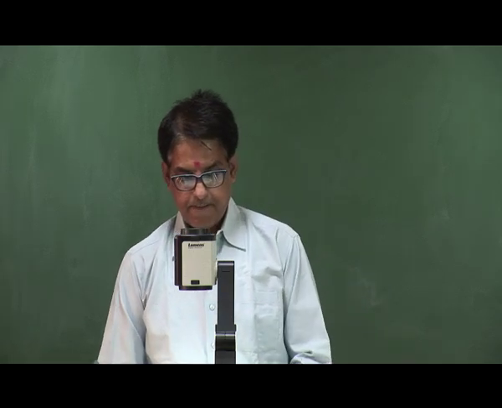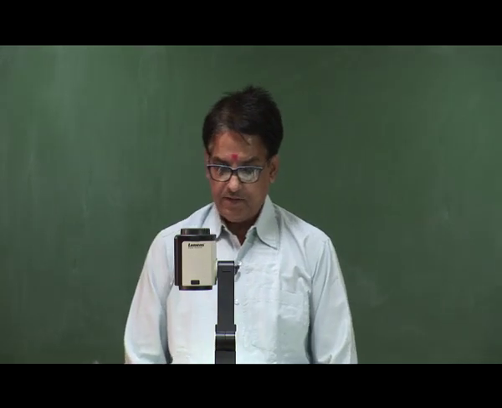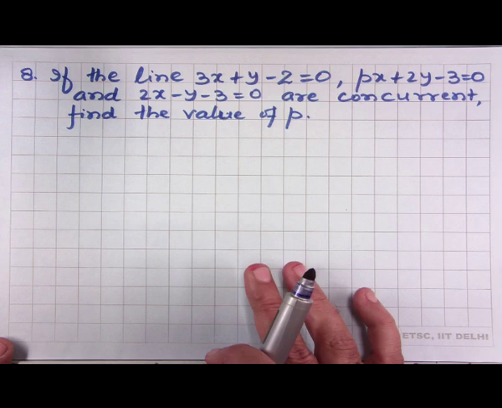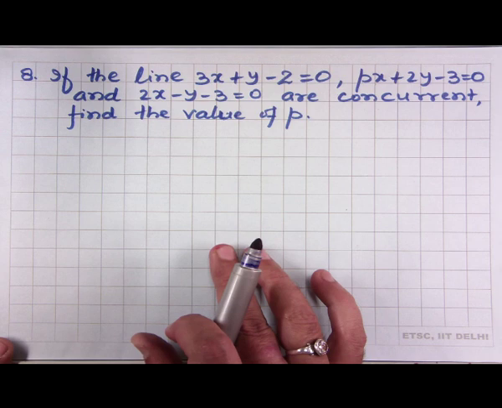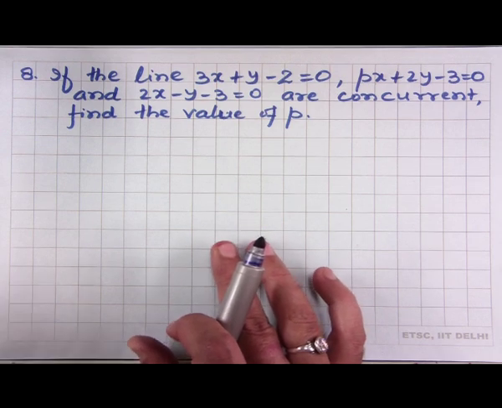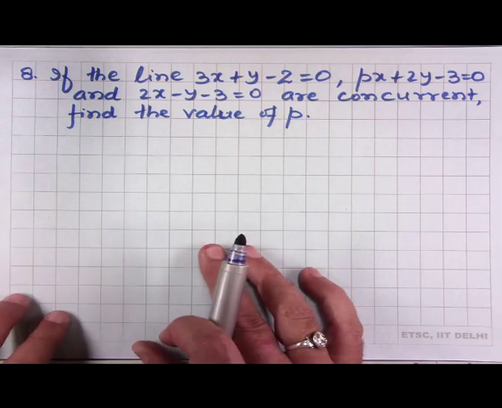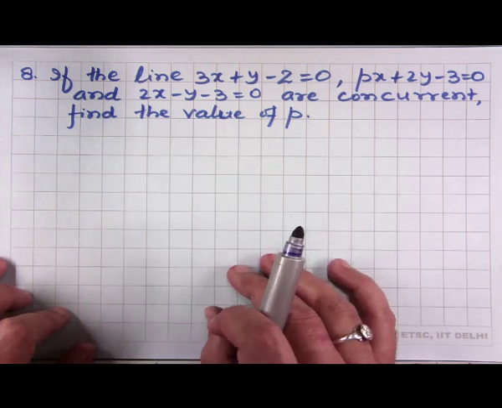Now, if the lines 3x plus y minus 2 equal to 0, px plus 2y minus 3 equal to 0 and 2x minus y minus 3 equal to 0 are concurrent, find the value of p. Means we have three equations of lines given and these three lines are concurrent.